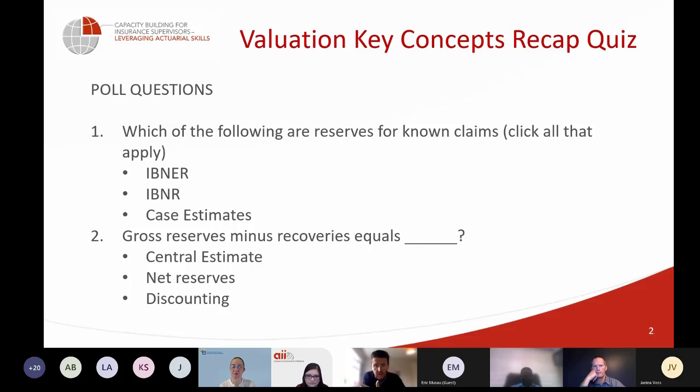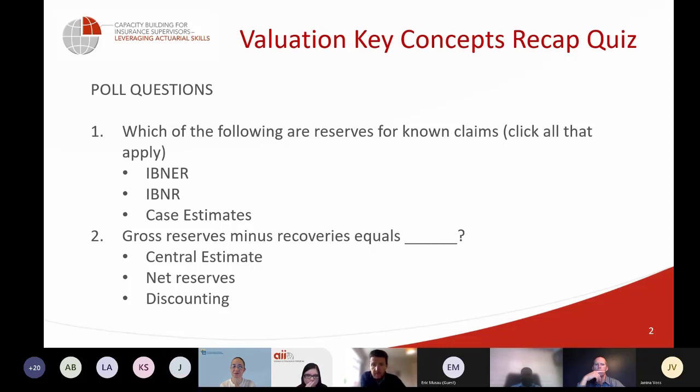You will want to see an IBNER on top of that to allow for development of case estimates. But for the known claims, IBNR does not apply to them because IBNR is basically where you don't yet know about the actual claim. And we'll go to an example later on this morning too, so that will hopefully flesh out some of these concepts.